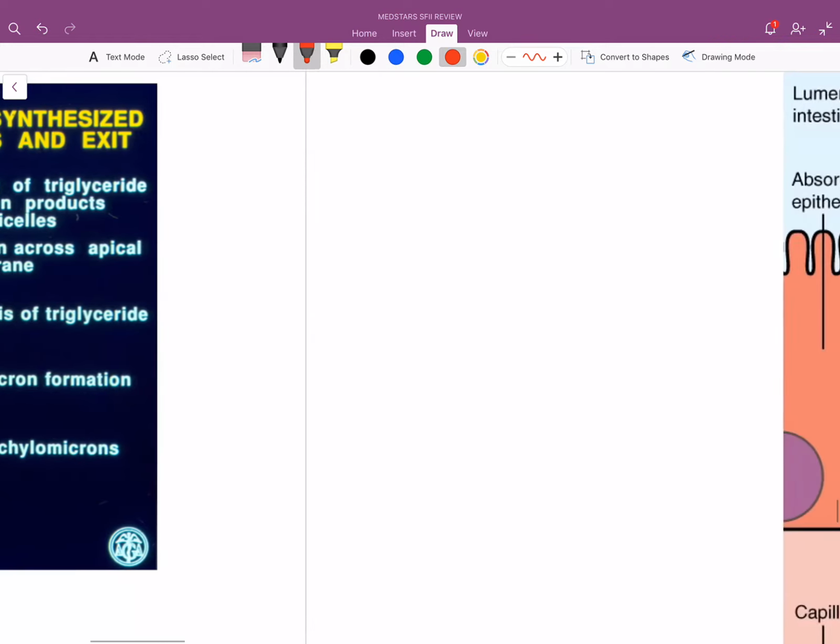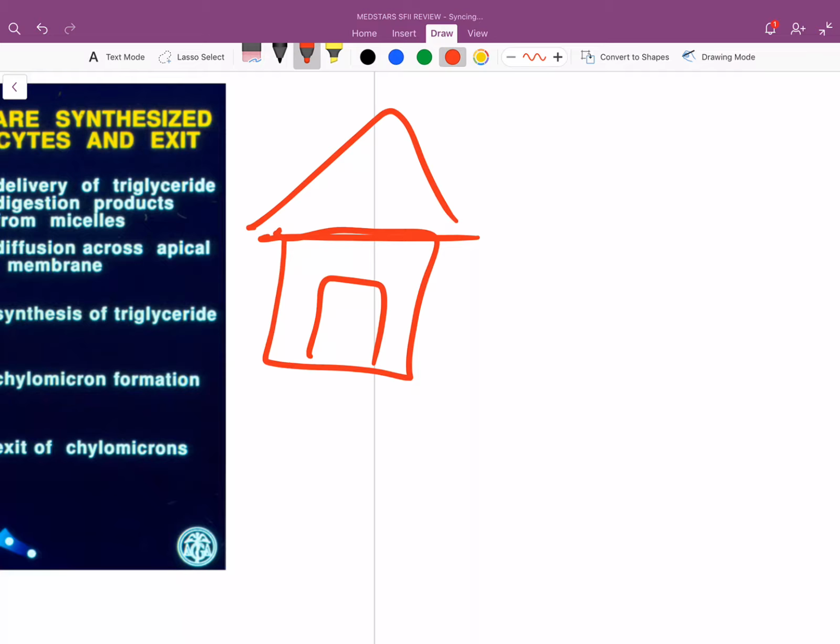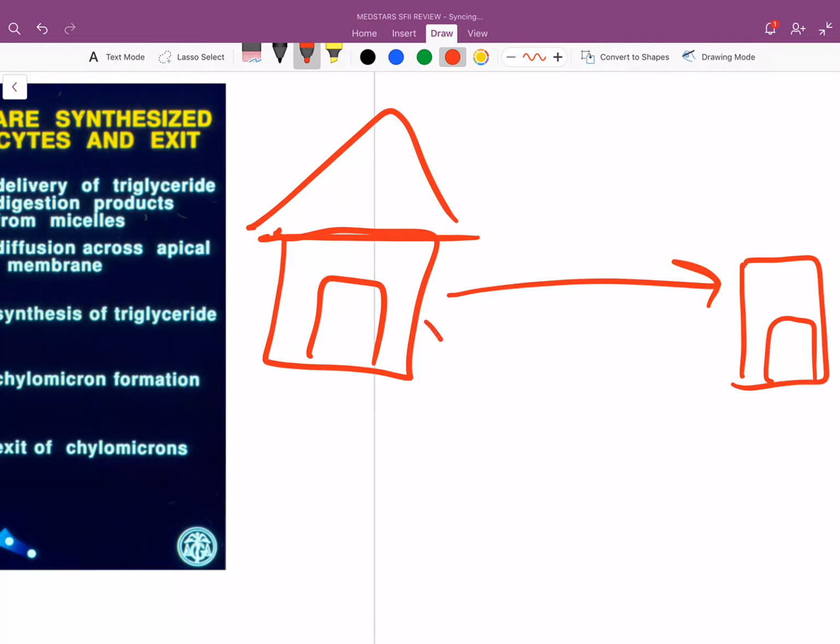Let's say you're moving, right? You guys moved to your dorms or wherever you live at Howard, right? So here's your house. In order for you to move from your house to the new place where you're staying, you had to package all your stuff into smaller boxes.